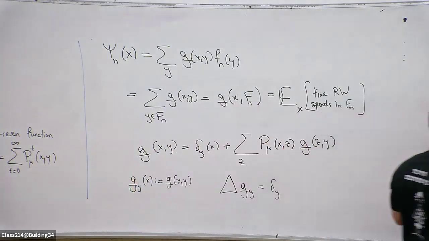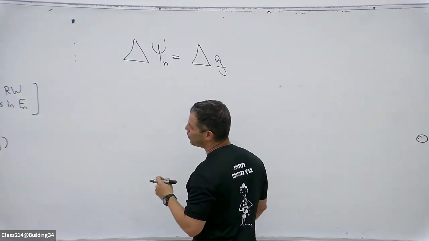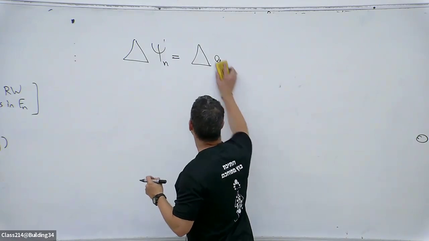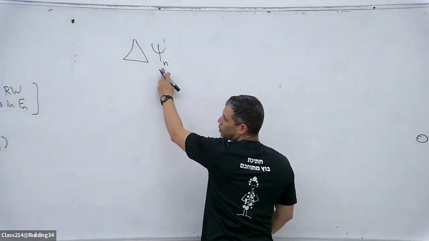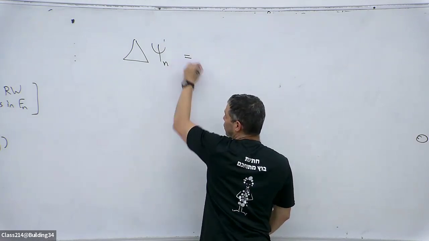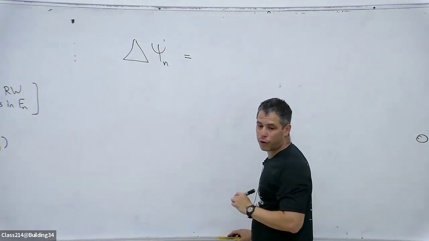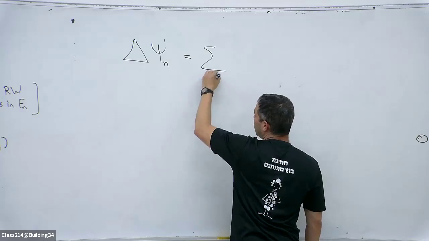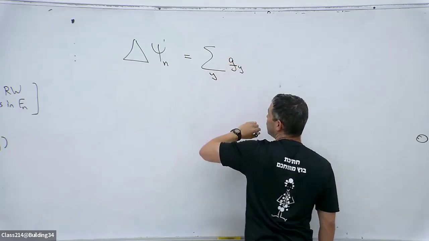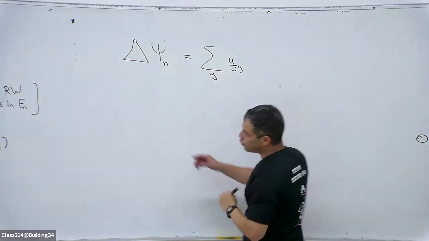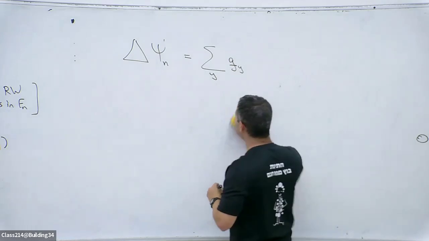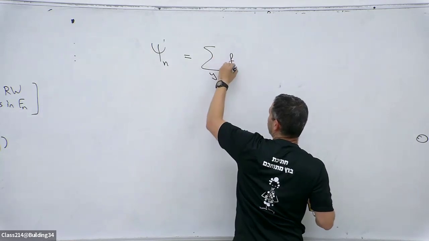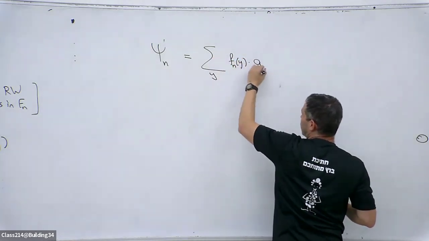The Laplacian of psi n at a point is some number, which is the sum over all y of this function with a coefficient f n of y.